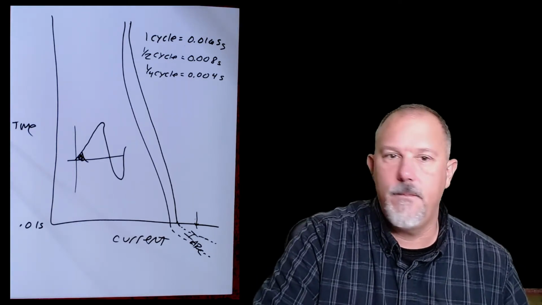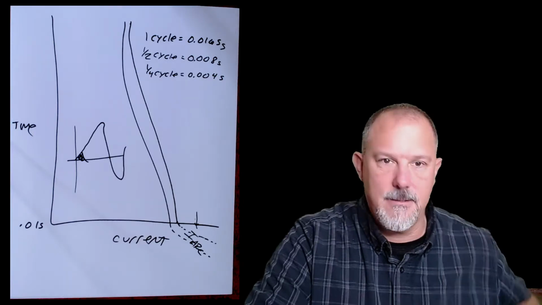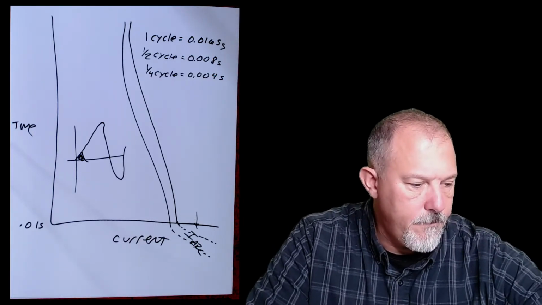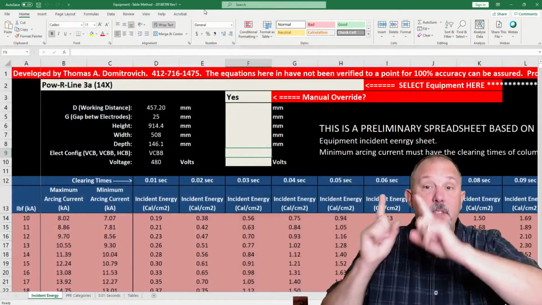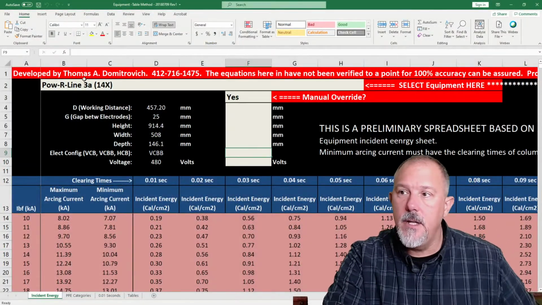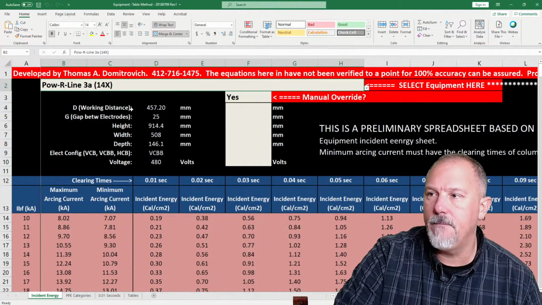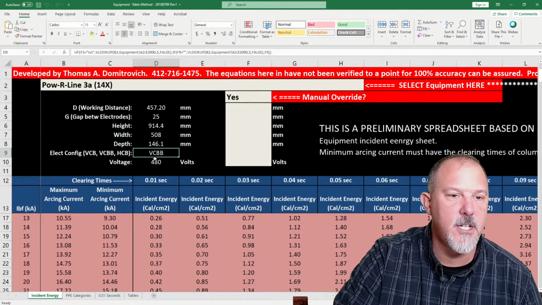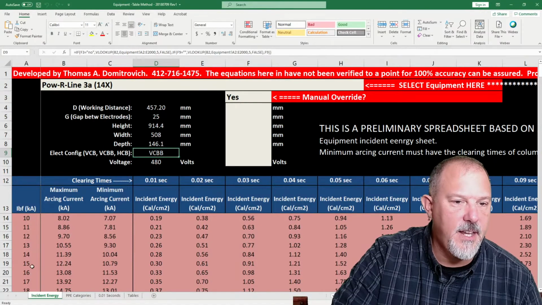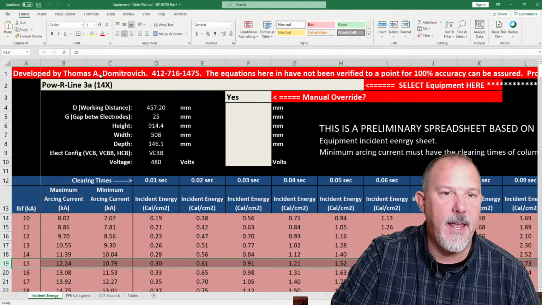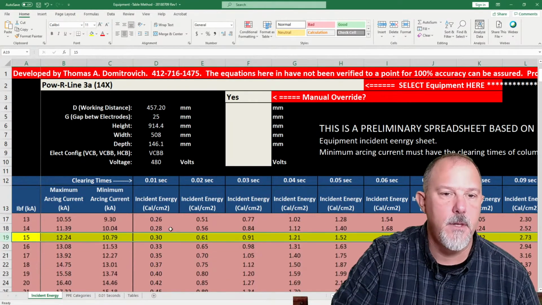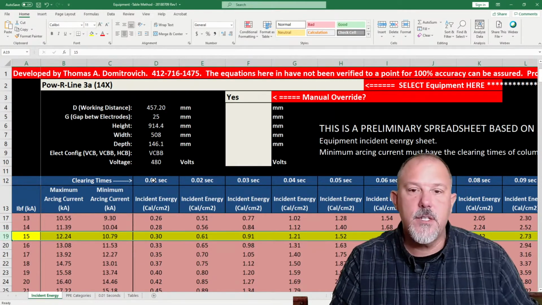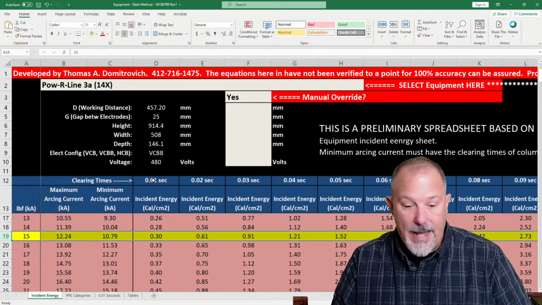All right, so let's take a look at this. Now this spreadsheet, this is a Powerline 3A. This tells me my dimensions. I'm at 480 volts, VCBB construction. And let's just take 15,000 amps as an example. 0.01 seconds is not quite a half of a cycle.